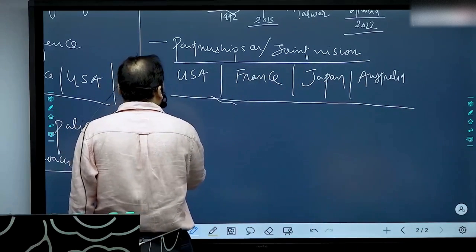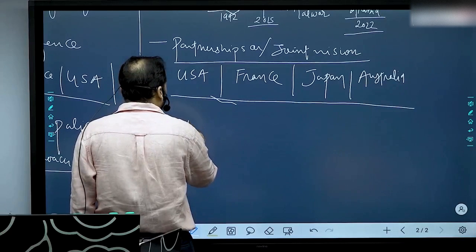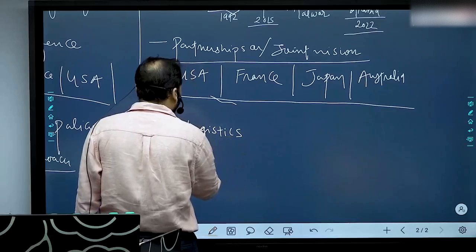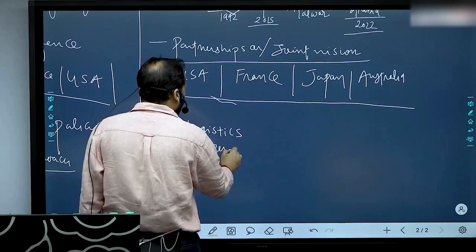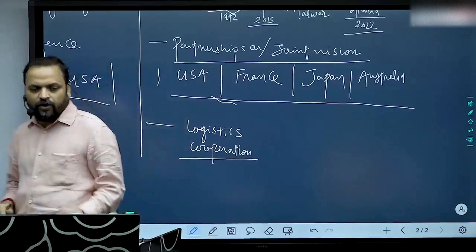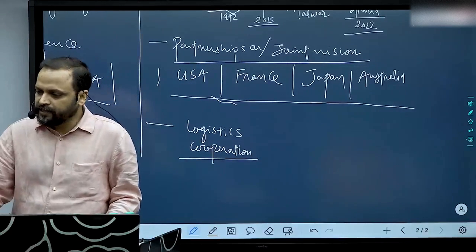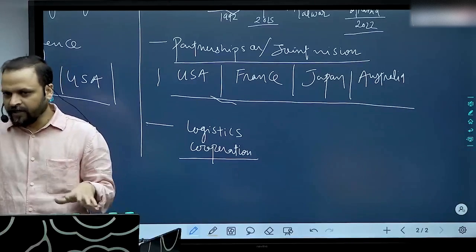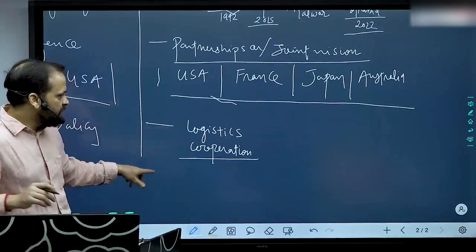And then you have some form of logistics cooperation. Meaning we have agreements whereby we have offered logistic support to other countries. They can use our port facilities, our military bases for limited purposes. We can use theirs, right?